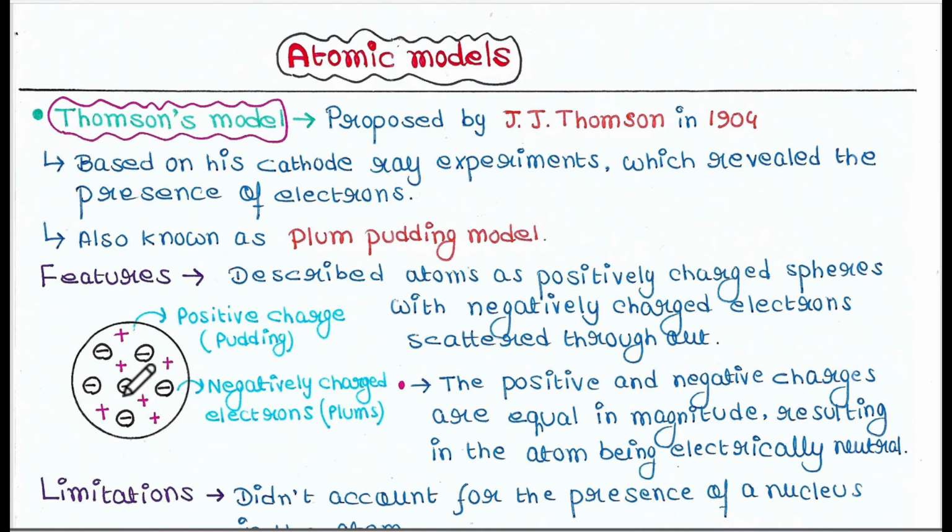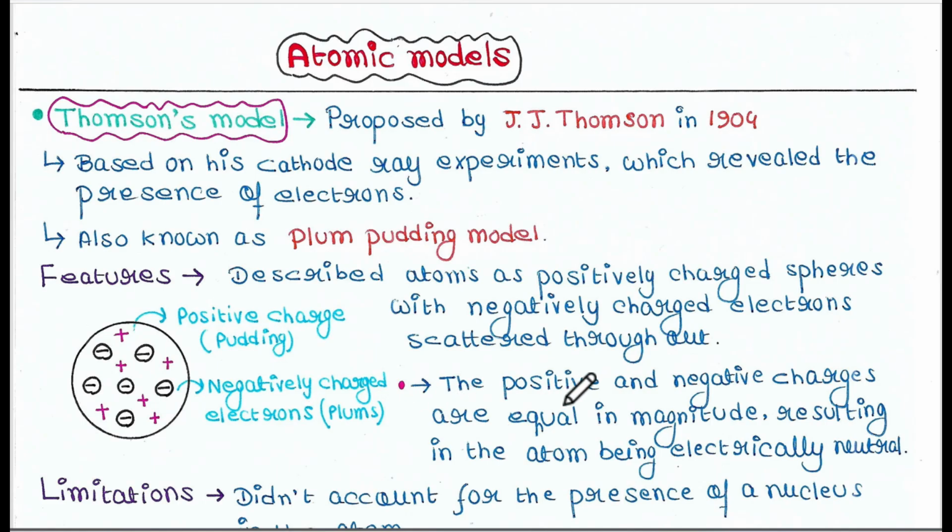Electrons are negatively charged, and these electrons are scattered throughout. In this model, the positively charged atom is just like the pudding, and negatively charged electrons are just like the plums which are scattered over the pudding. That's why it is named so.